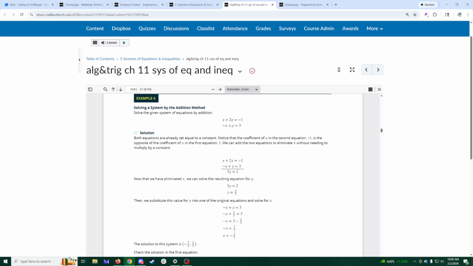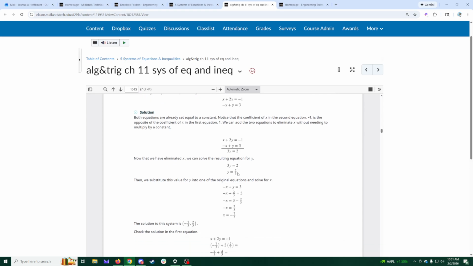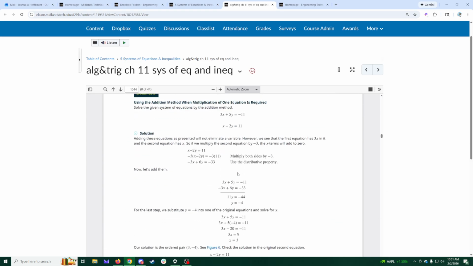In this particular case, these two equations add together very cleanly, by which I mean there's already one term in each that when added together is going to cancel out. X plus negative x cancels out, and that's why we got just 3y equals 2.